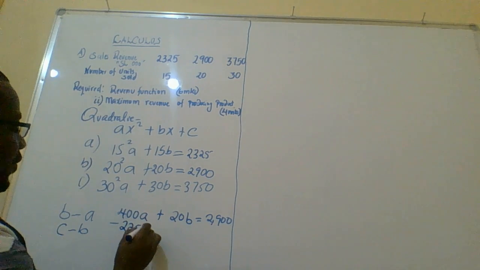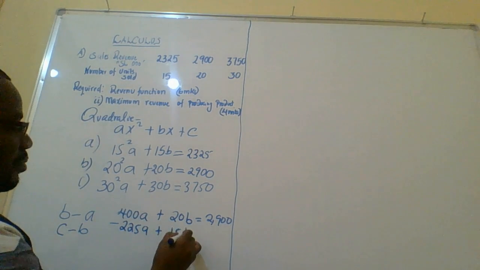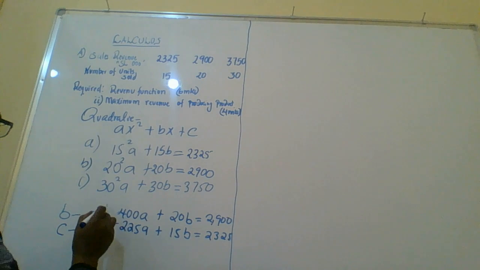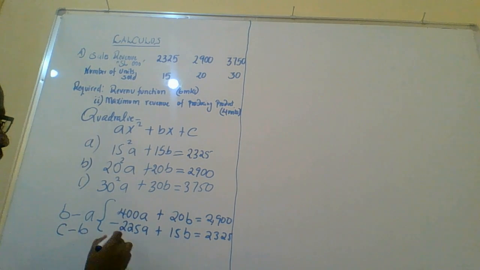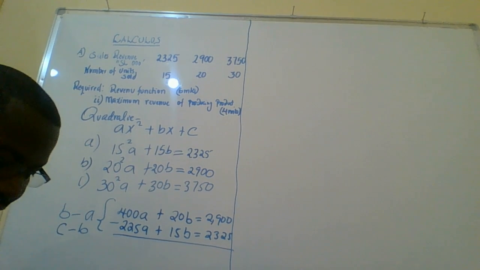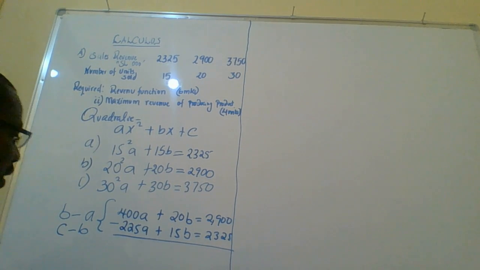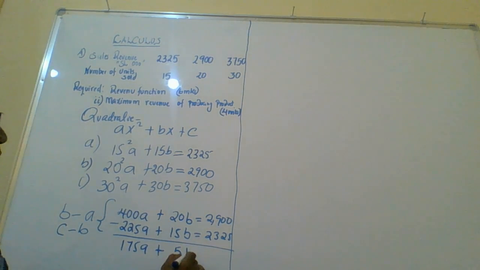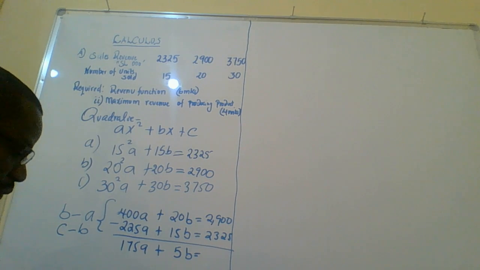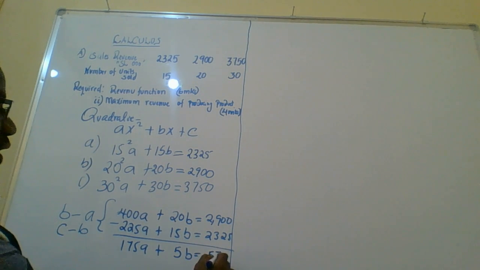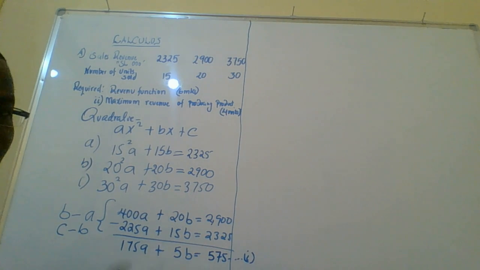So 225A plus 15B is equal to 2325. So our first equation will be 175A plus 5B is equal to 575. To me, that will be my first equation.